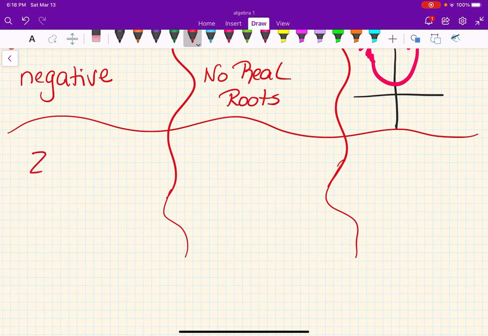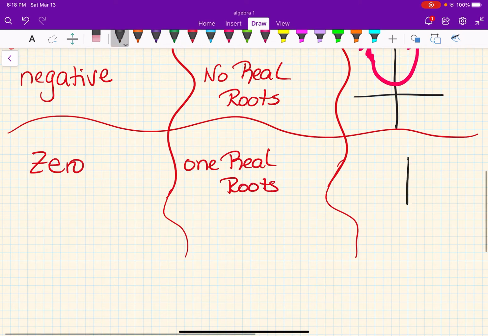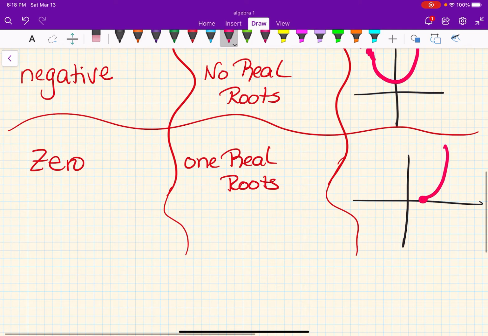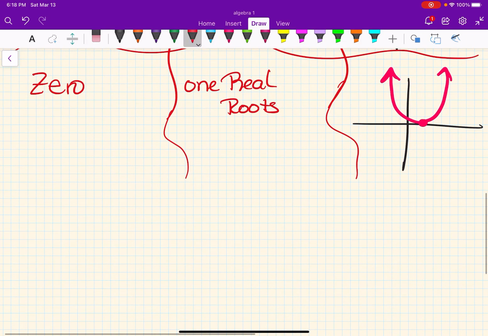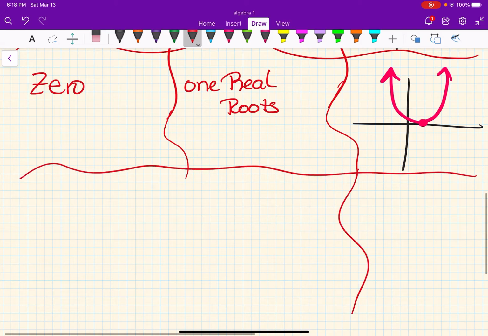If our discriminant is 0, then we are going to have one real root. This is what we talked about in the first section, where it would be sitting on my x-axis. The last type is a positive discriminant.